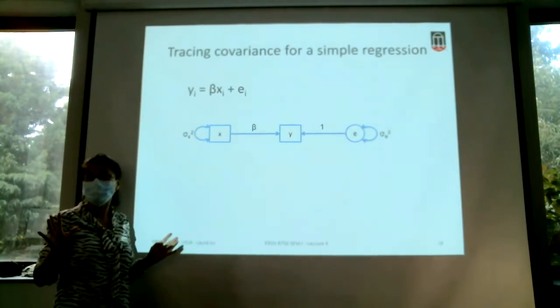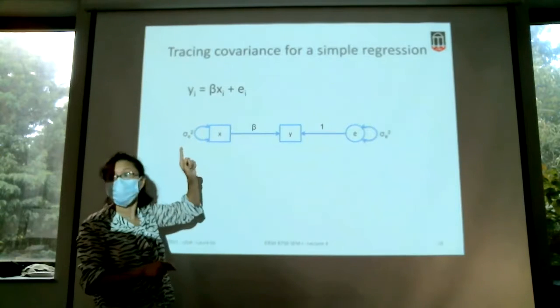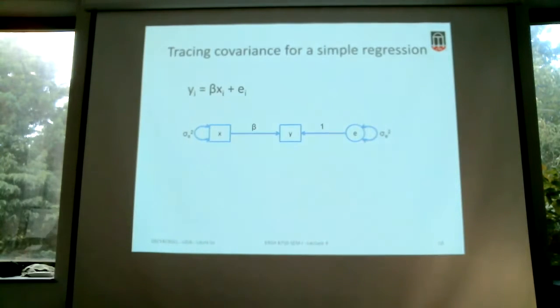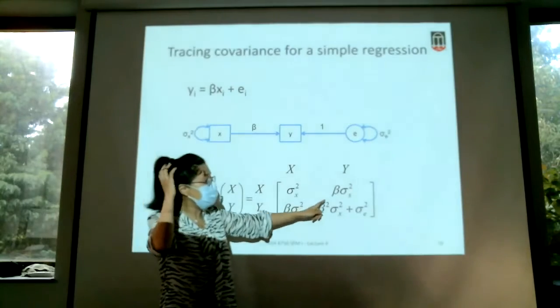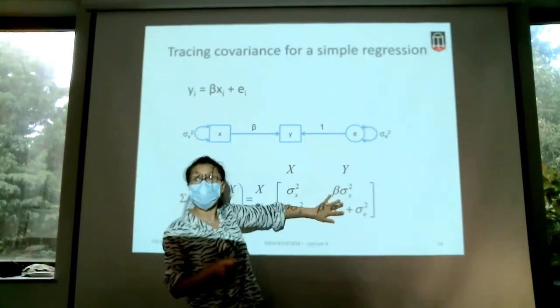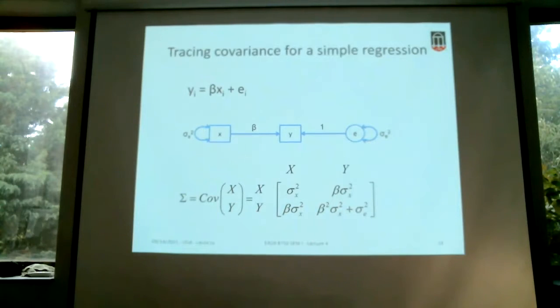That's it. So this is beta times sigma x squared. That's the correct answer. Actually, we did it before using the first method. Remember, we showed this matrix in the very beginning of this lecture.